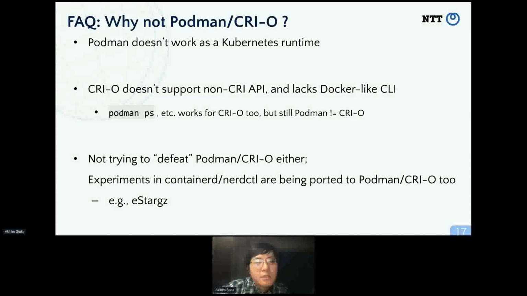So you could argue that Podman can be partially used as a CLI for CRI-O, like podman ps --external to show CRI-O containers in the Podman CLI. But still, Podman and CRI-O are separate container engines. And on the other hand, containerd covers both Kubernetes and the nerdctl CLI.